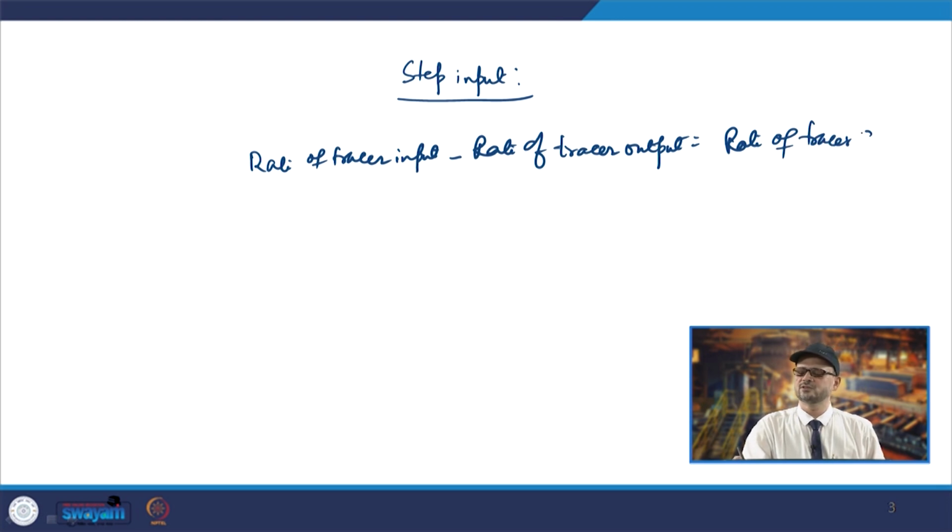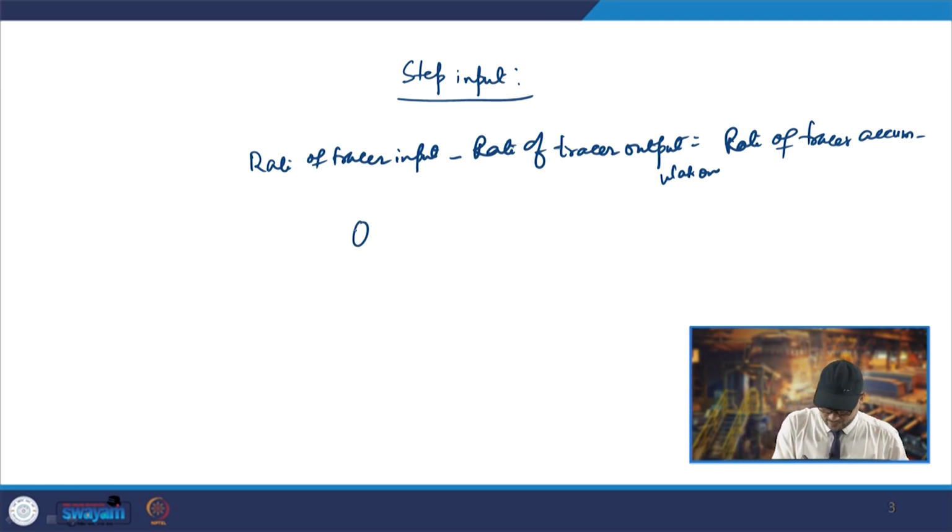This is what we have seen also in the case of the pulse input, where we found the well mixed flow expression. So, here also this is the conservation principle. Rate of tracer input minus rate of tracer output will be the rate of tracer accumulation. Now, in this case you will have QCI minus QC, that will be d by dt of Vc.